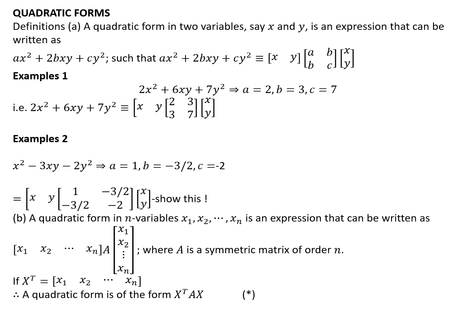You can see here, the standard form of a quadratic form is ax squared plus 2bxy plus cy squared. So look at that equation and compare it with the equation you have in example 1, which is 2x squared plus 6xy plus 7y squared.